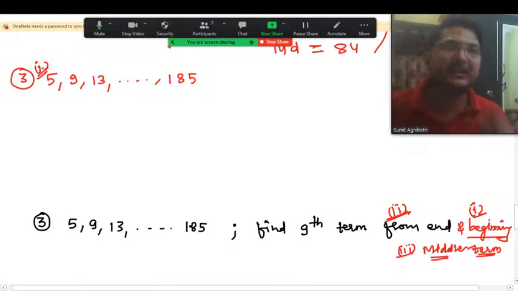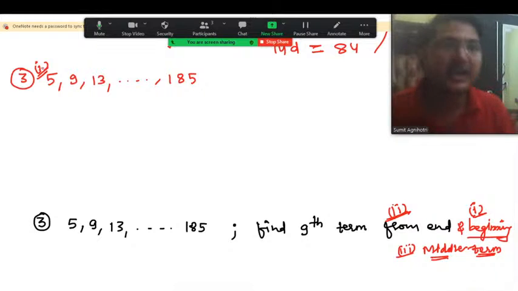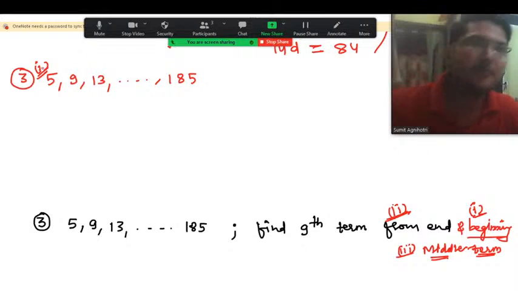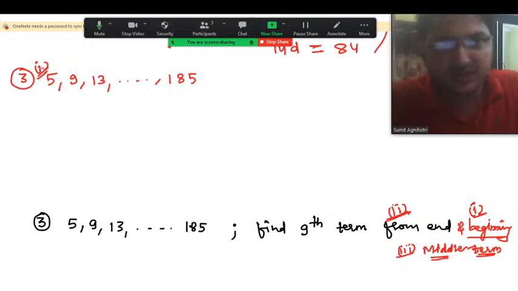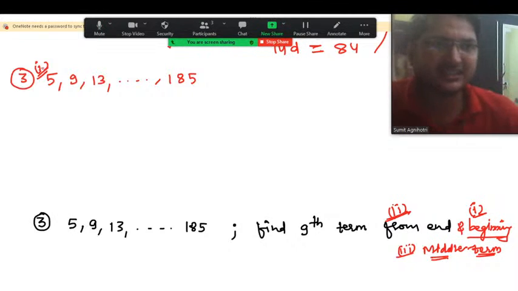The second part is find the ninth term from end, and one more part I have included is what is its middle term. You are supposed to answer these three questions. These are actually three questions, which may be asked separately in your exam.